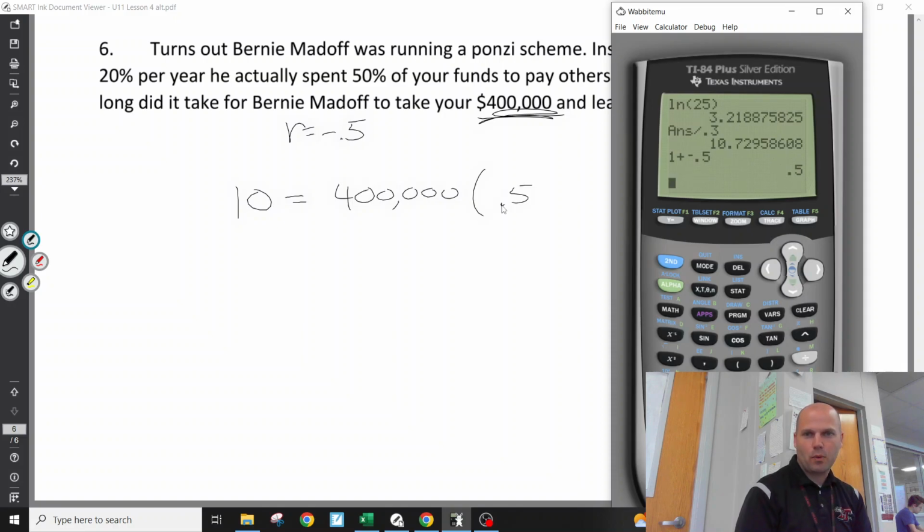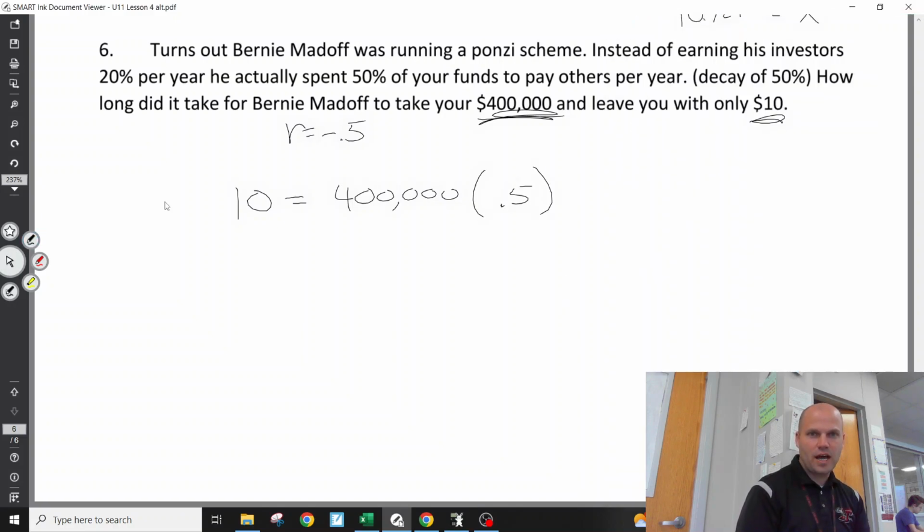You're not going to use 1.5. If you tried to do that, you're not going to get an answer because you'd be growing. You can't grow and start with an amount of money and make it less. Your value would have to be negative.